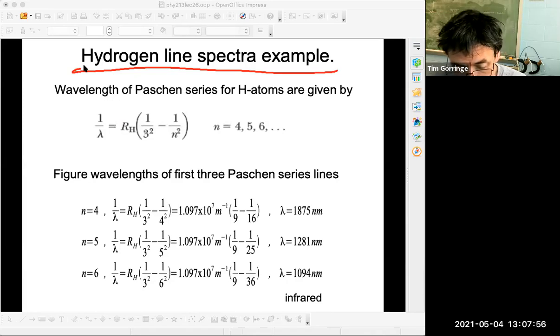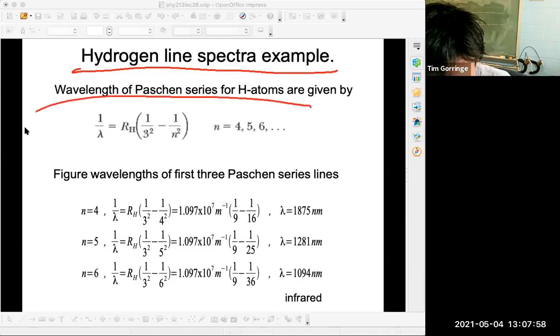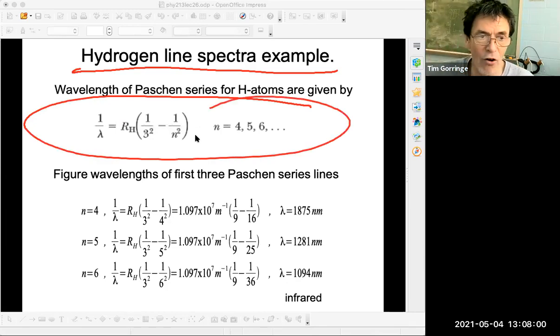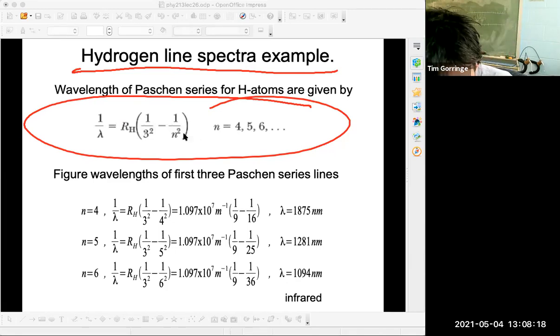So I partly wanted to introduce that set of line spectra, what we call the Paschen series for the hydrogen atom. These wavelengths are much longer. These frequencies are much lower than the Balmer series and the Lyman series, and these are actually in the infrared. And for these, this is the equation.